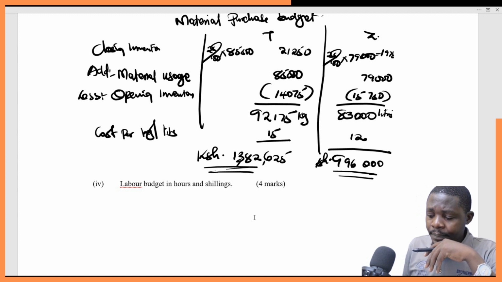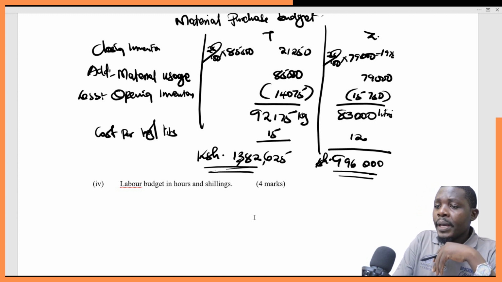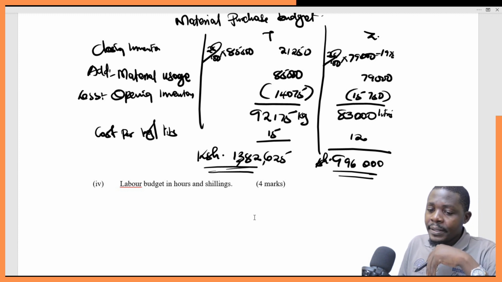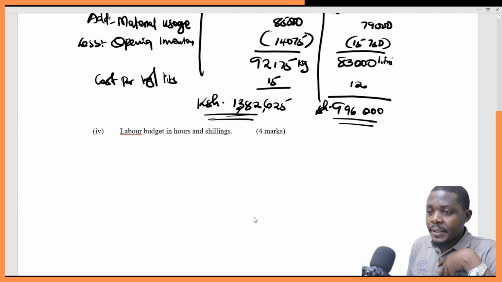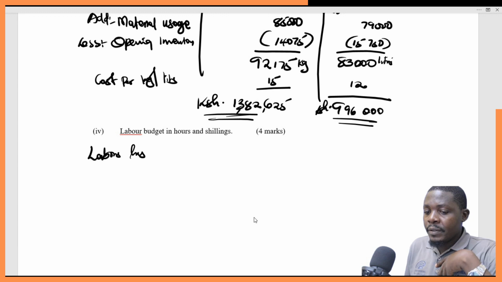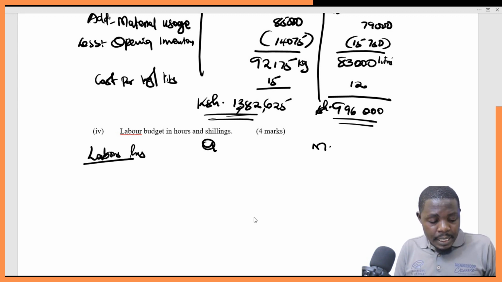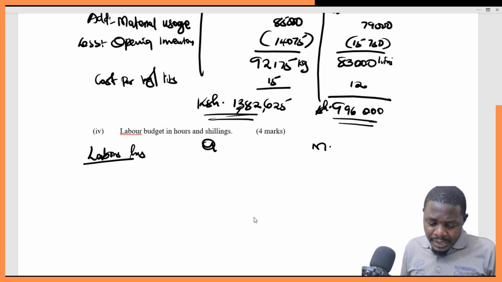And then lastly we are told to prepare the labor budget in hours and shillings. Therefore, we are going to have labor hours. We have that is for Q, and then we have the M. Remember we had skilled and semi-skilled.